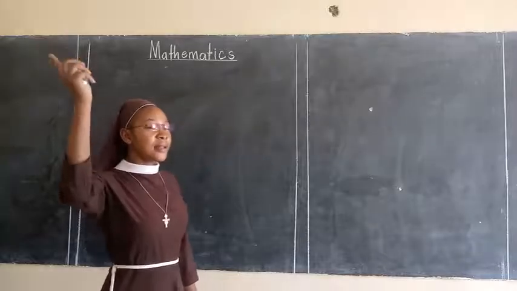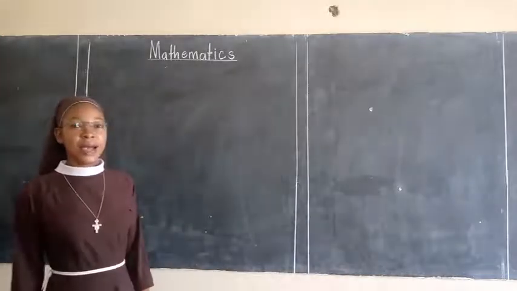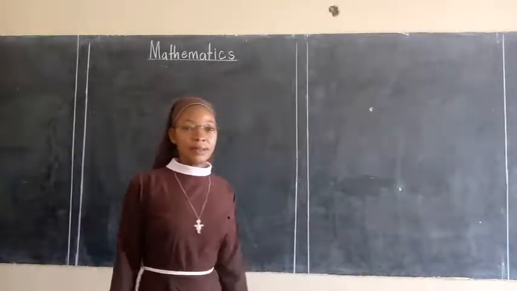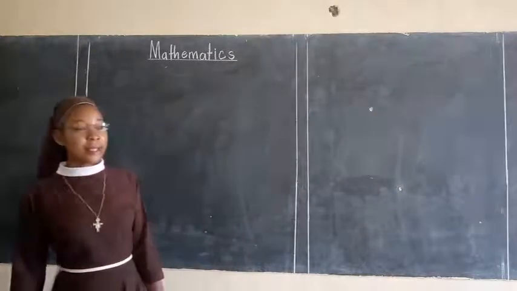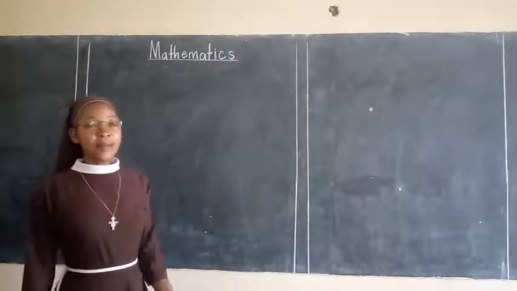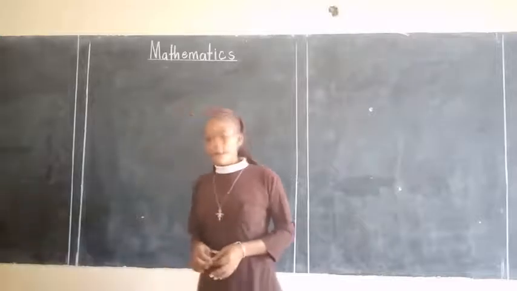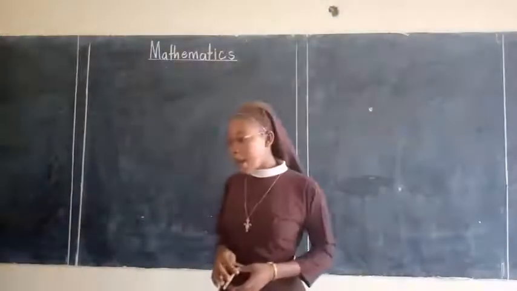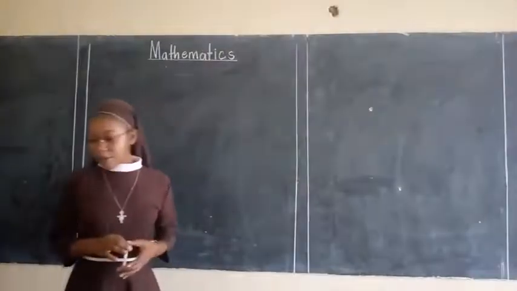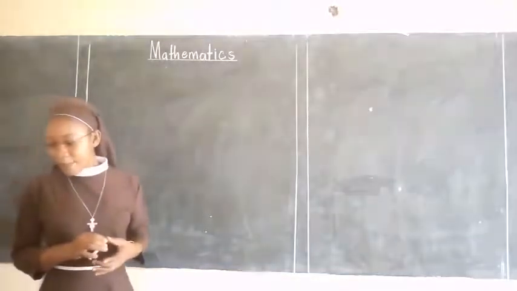The first one is always the ones, represented by letter O. The second place value is the tens, represented by letter T. And the third place value is the hundreds, represented by letter H. Those are the 3 place values that we looked at last time.